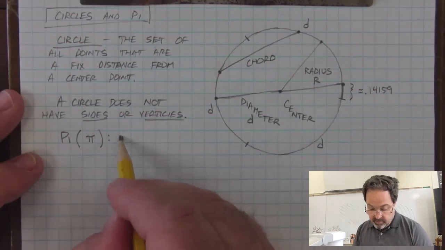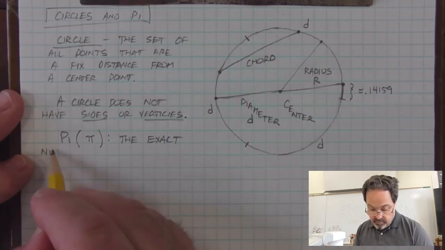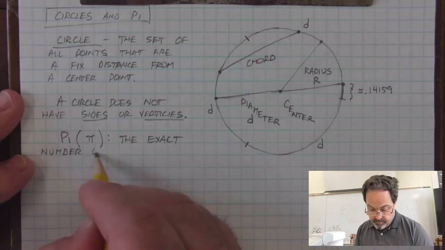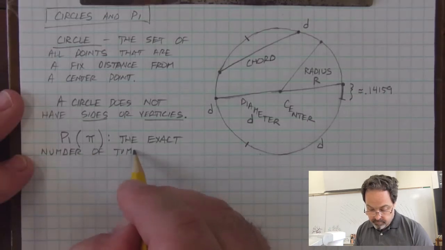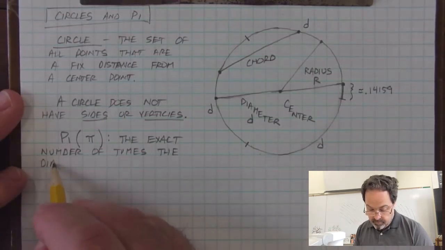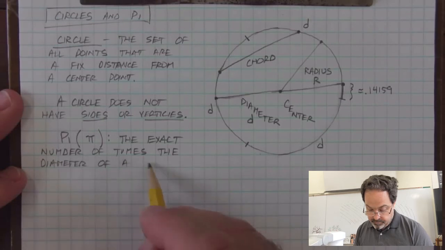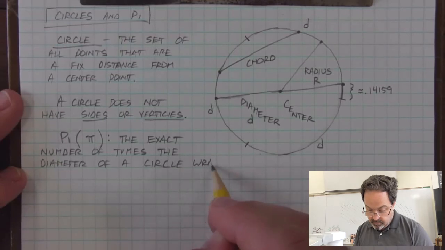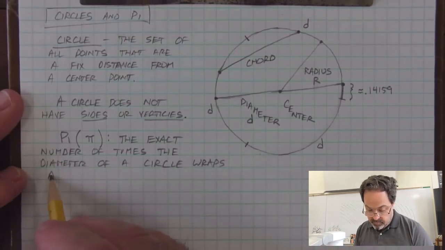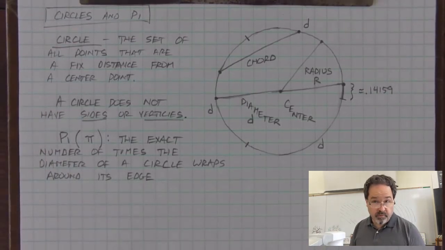And this number pi is the exact number of times the diameter of a circle wraps around its edge. This is a reliable geometric truth.